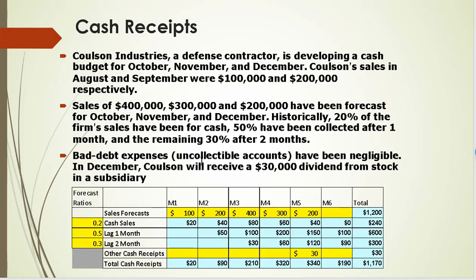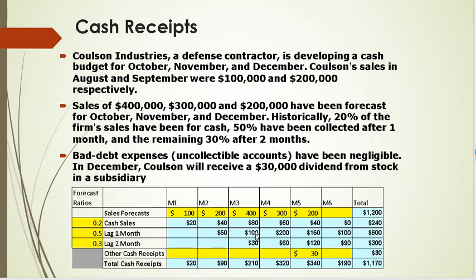So in this worksheet, the cash budget worksheet, if you look across, here are our sales figures, and down here we have our forecasting ratios. If you remember, 20% were cash sales, 50% came in 1 month later, and 30% came in 2 months later. So the first month, which was actually up here, was August. We had $100,000.